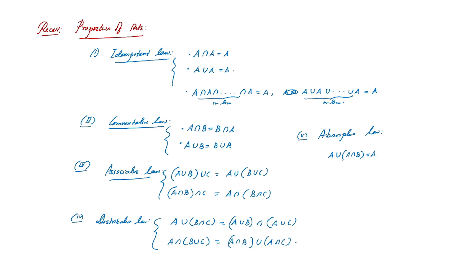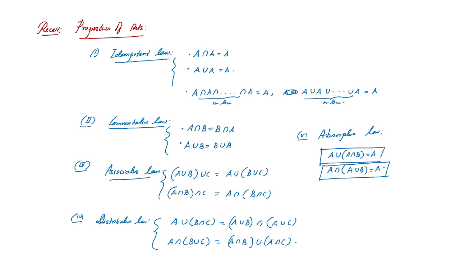And A intersection (A union B) is again A. So this law is called the absorptive law. Here A is absorbing the intersection, and in the next case A is absorbing A union B.